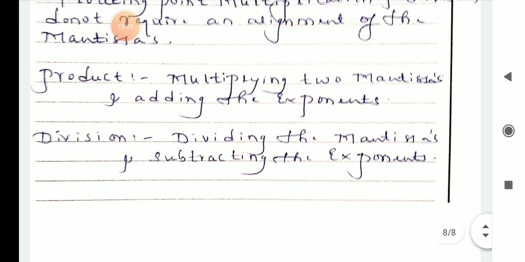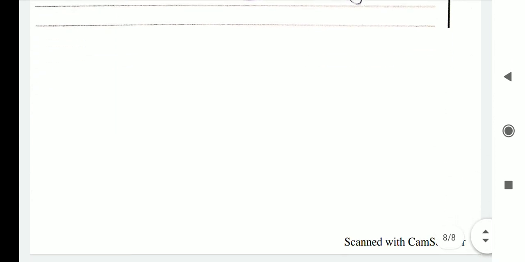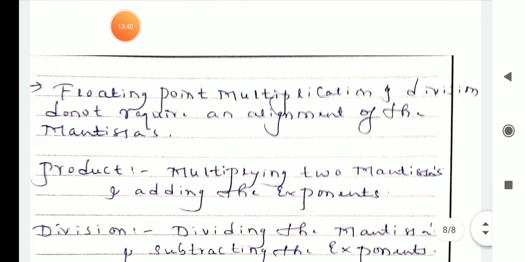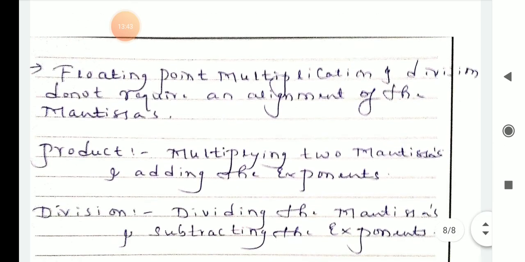If you want division, you divide the mantissas and subtract the exponents. So that comes under floating point multiplication and division.